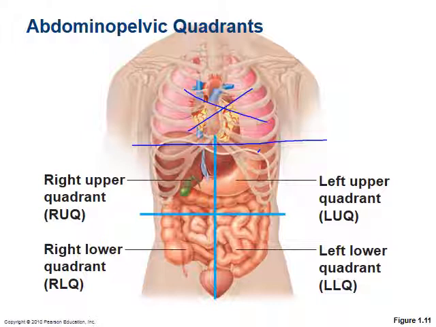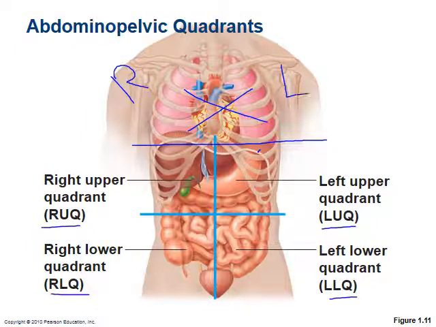So it's basically to help break the abdominal pelvic region into 4 separate quadrants. So here's the right upper, right lower, left upper, left lower. And one of the things to pay attention to is that I'm looking at this model front, straight on. So this is the right side and this is the left side.